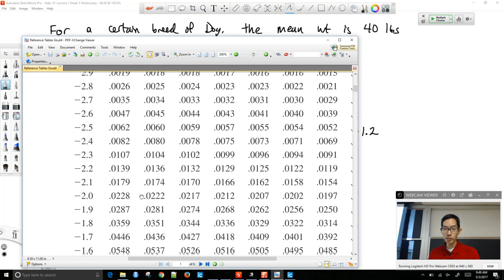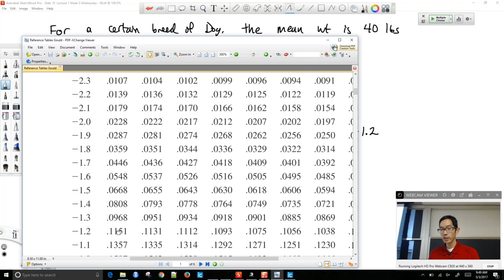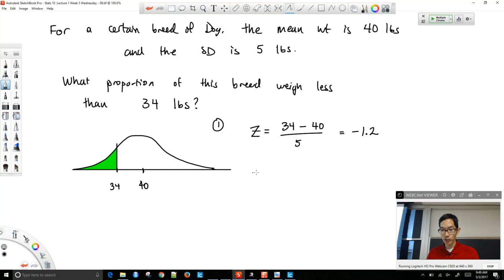The column is 0, so negative 1.20, and the value that I find there is 0.1151. This is my area, the area to the left, 0.1151. Okay, so that's our answer.